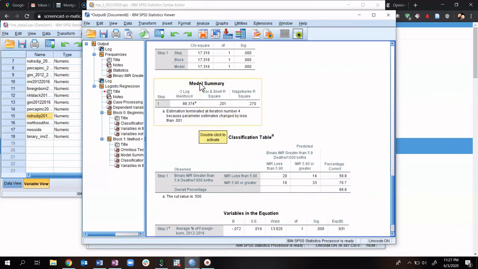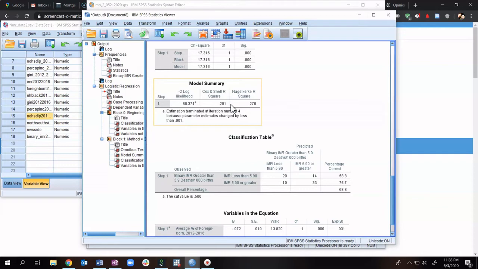Now in the model summary table, this is a statistic. It's like an R squared. It's not really an R squared. Logistic regression doesn't lend itself to the coefficient of determination.